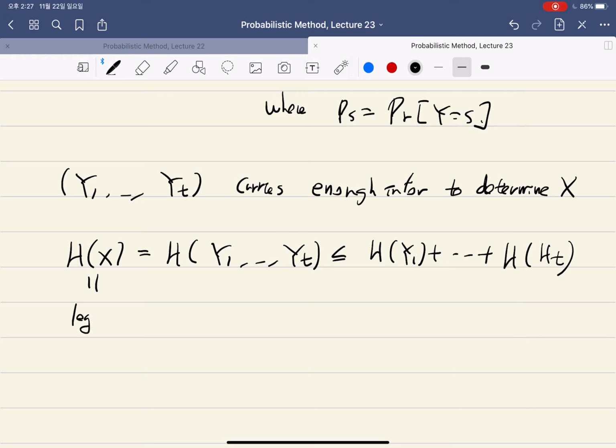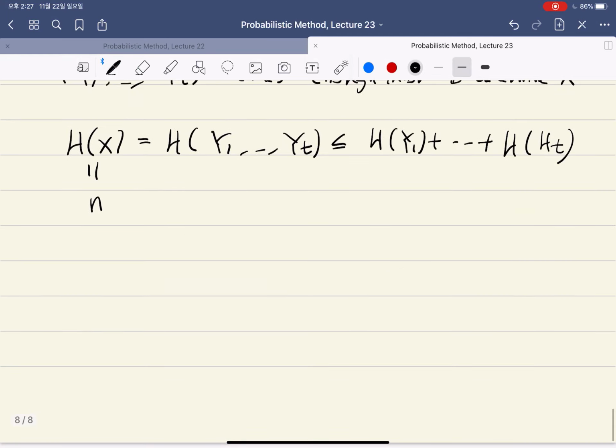Then this is log base 2 of 2 to the n, which is n. You can compute it. There are 2 to the n probabilities, each times log of 1 over 2 to the n, for all 2 to the n cases. Then you actually get this number.